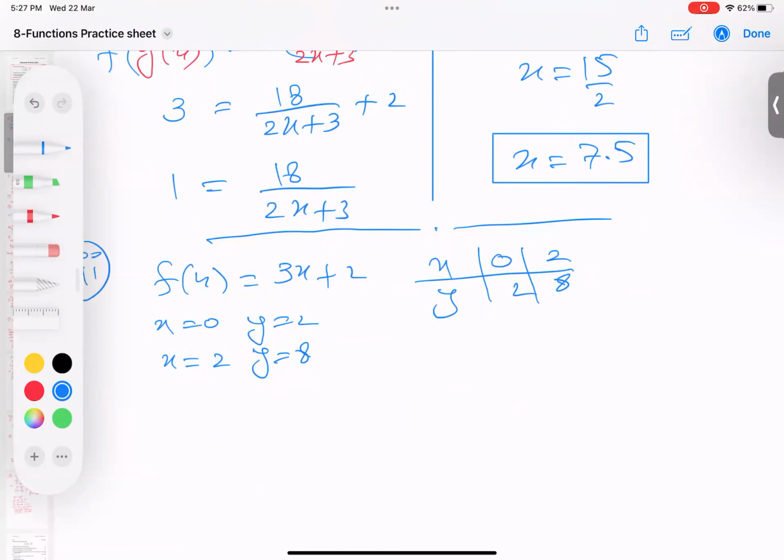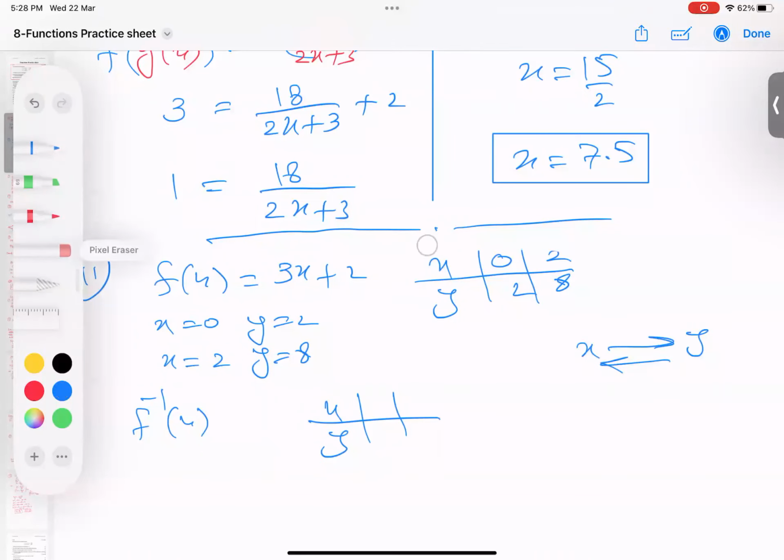Now you may be surprised, or not surprised, because it's obvious. We know that in f inverse, what happens? In f inverse, what happens, students? I'm not going to find the inverse, okay? But I just tell you one thing: for f inverse, what does the table become? You have done it already. X becomes y and y becomes x.